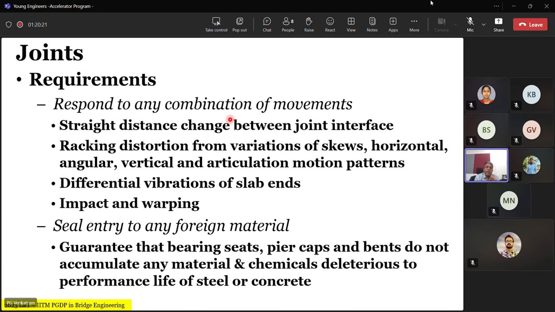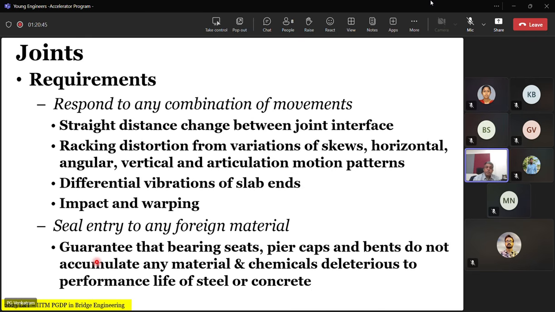You can't leave the gap open, because if you are in a rainy zone, the rainwater will go down and start bringing deteriorating chemicals to the pier cap and bearings, affecting the life of the other components below the deck also.